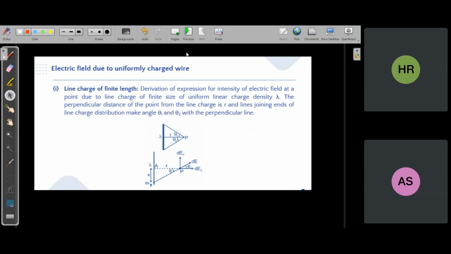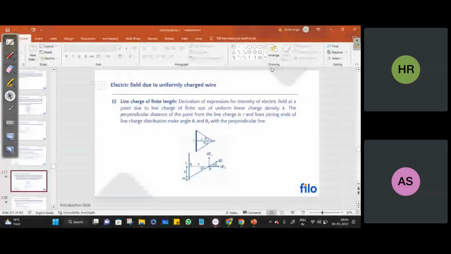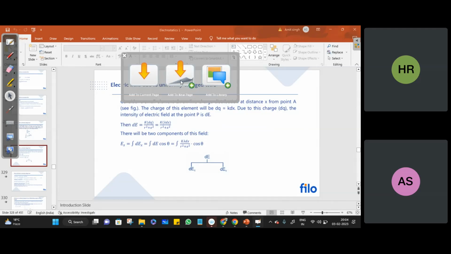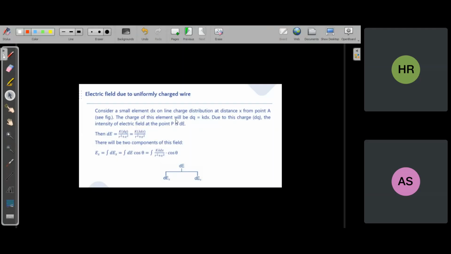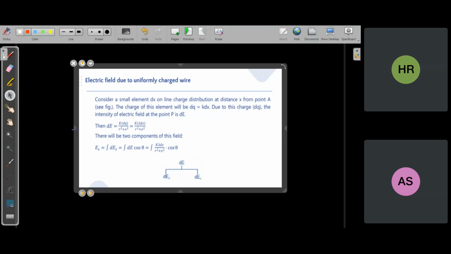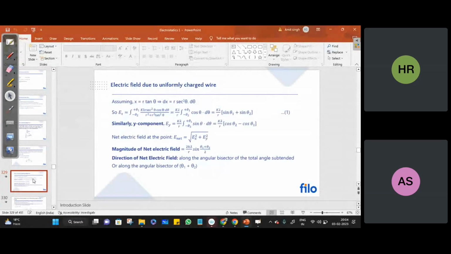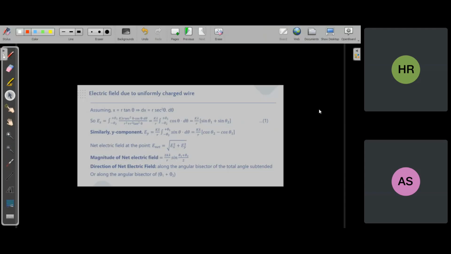You will take an element on the wire, you will find the electric field because of that element, and then you will integrate. So try doing this from any standard book, because in every case it is the same thing, and you just need to understand a few basics of integration, and you will be able to do it.